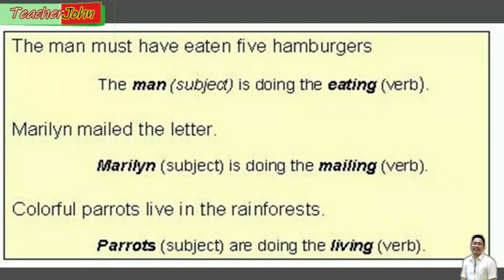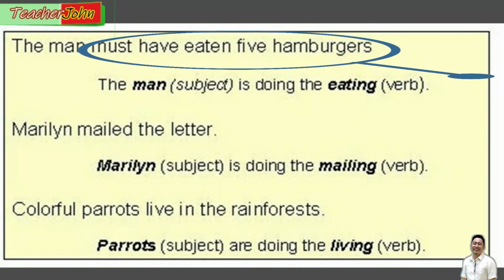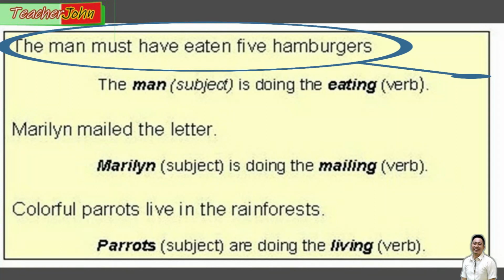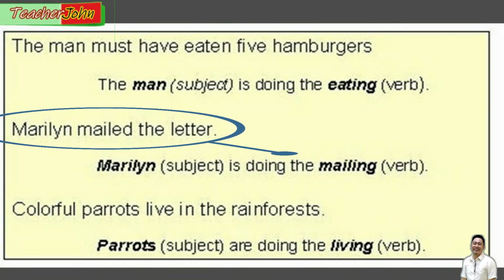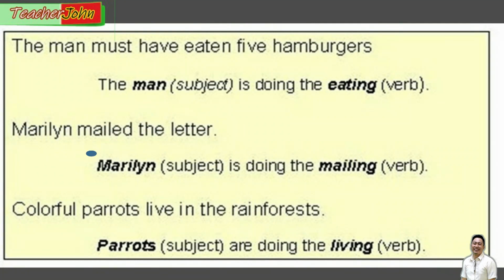Let's have examples. The man must have eaten 5 hamburgers. Man is the subject, and eating is the verb. Marilyn mailed the letter. Marilyn, which is the subject, is doing the mailing.